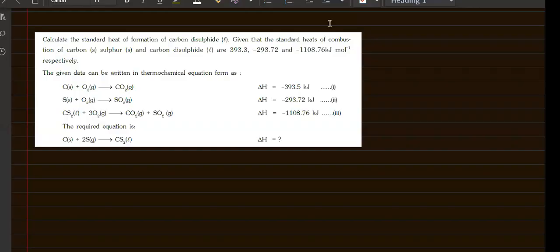So I guess at least some of you have tried. So see, what is given? First of all, these reactions are given. You know what a combustion reaction is; these three are your combustion reactions, given as minus 393, minus 293 and minus 1108.76. So actually this is also minus.